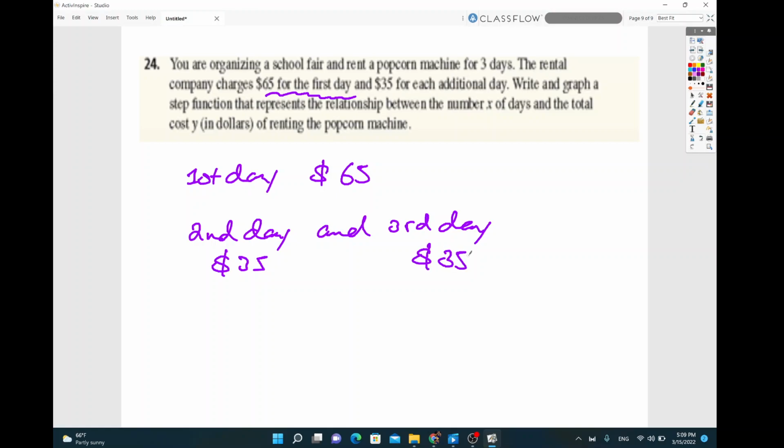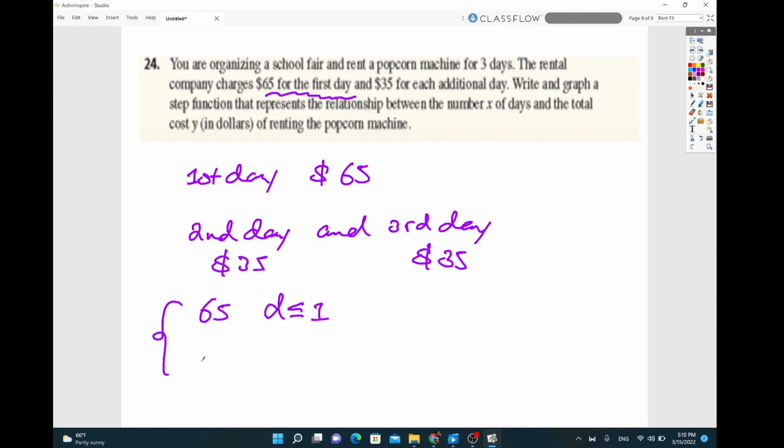So write and graph the step function. The first one is $65. So D would be considered day 1. Anything where D is less than or equal to 1 is considered day 1. And then for the second day and the third day, the school rents the same machine.